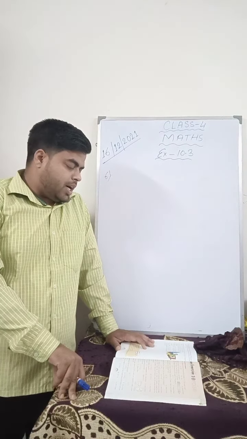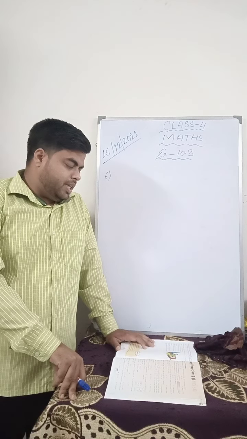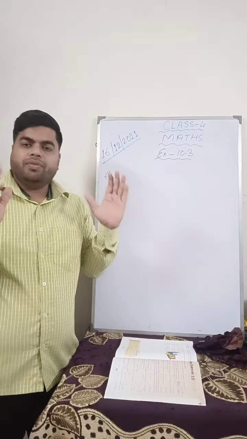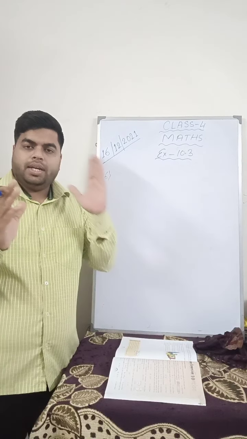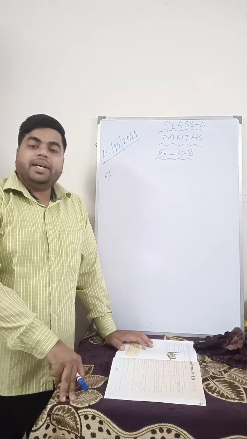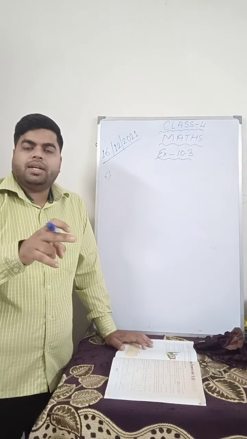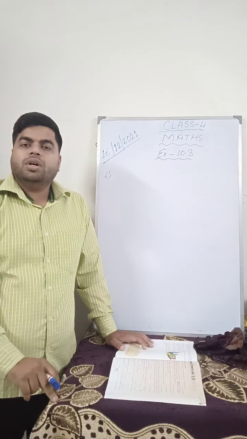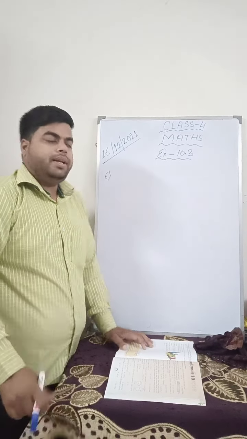He wants to cut it into 3 equal lengths. So, he wants to cut that wood of total 1.2 meter into 3 equal pieces. How long would each piece be in millimeter? So, they have asked you the answer in millimeter. So, convert the length of the wood that is given in meter into millimeter first.